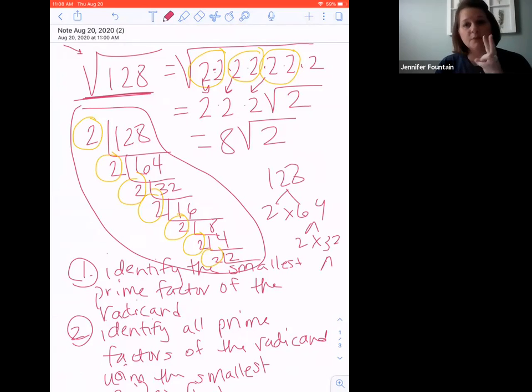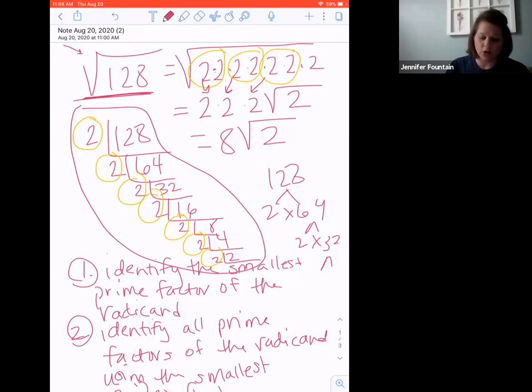So that's steps 1 and 2, we're listing prime factors. Now the next thing I need to do is look at my index to determine how many numbers I need to circle together, how many buddies I need to have. Whatever groupings I'm able to put together, I can pull out as a whole number. Whatever is not grouped has to stay under the radical. So let's look at that for just a minute.